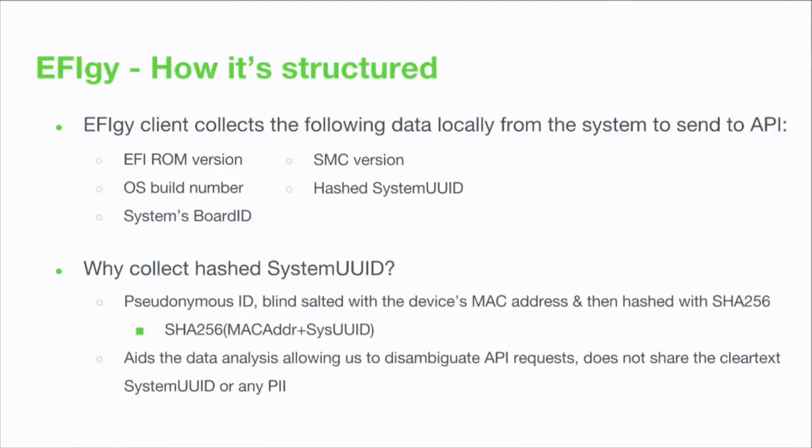We take the system's MAC address, concatenate it with the system UUID, and then SHA-256 it. This means that we're going to get unique values so we can disambiguate the data on the back end, but we have no visibility to either the secret salt that's used or to the UUID. So it's pseudonymous, and this enables our data analysis, but doesn't infringe any PII or any identifiable information.